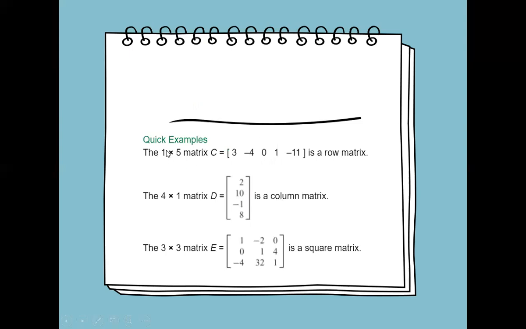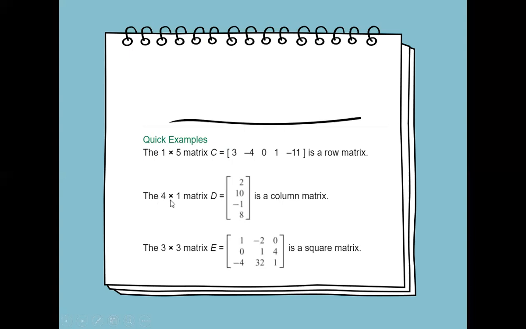So here, the matrix is a 1 times 5 matrix, we have just 1 row. So it's called a row matrix, but we have several columns.